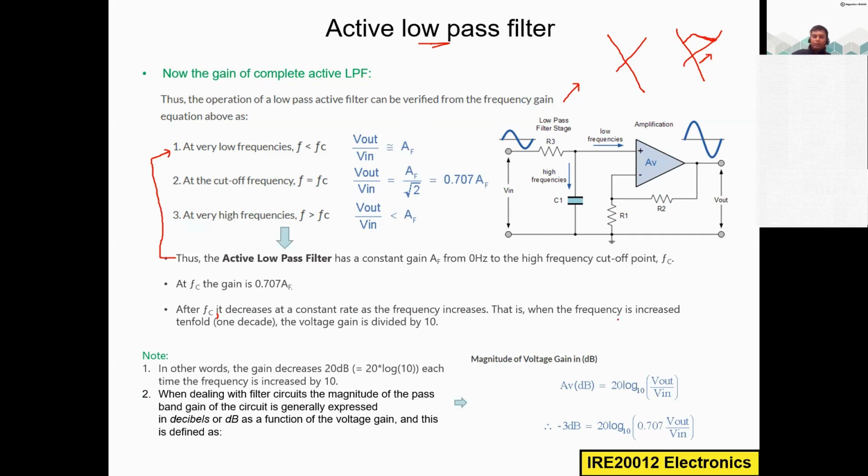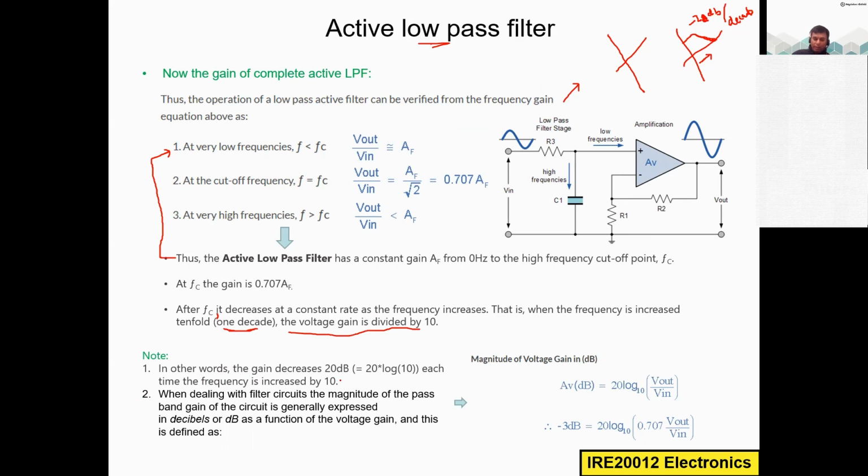When the frequency is increased tenfold, that is 1 decade, the voltage gain is divided by 10. This is the definition of what I said, the minus 20 dB per decade roll-off rate. In other words, the gain decreases 20 dB each time the frequency is increased by 10.